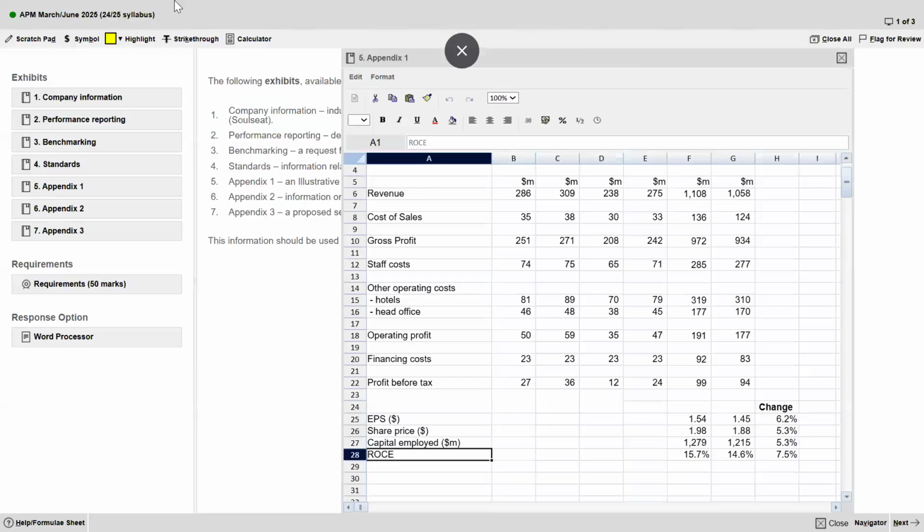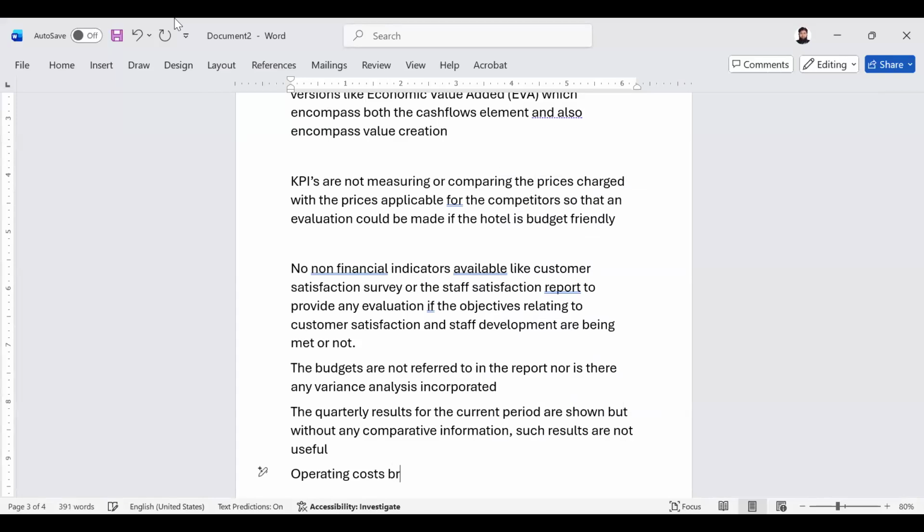The operating cost breakdowns are not provided.